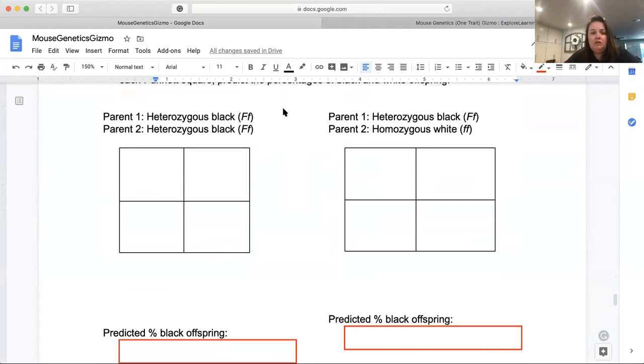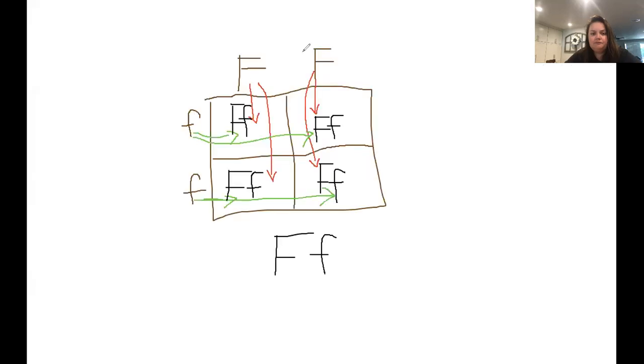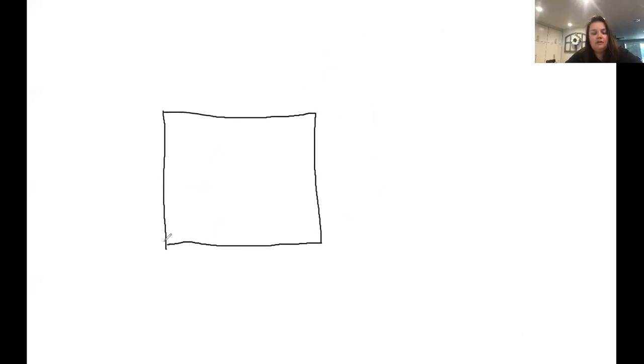So let's get our little whiteboard here. Let me clear it from the last one. And let's draw our Punnett square. Squares are kind of hard to draw on the computer like this, but we will try our best. Okay, so it said parent one is heterozygous.